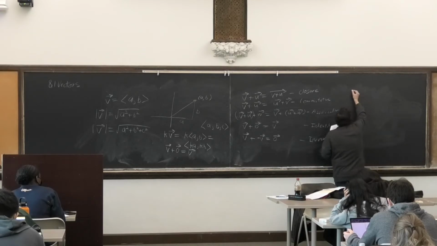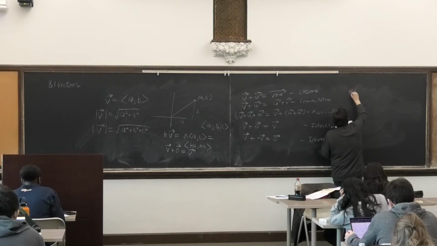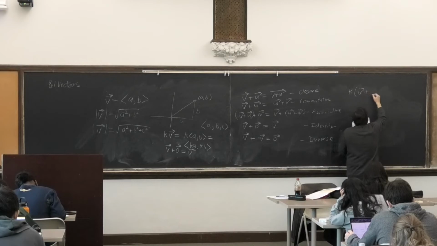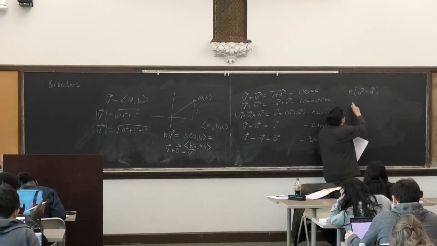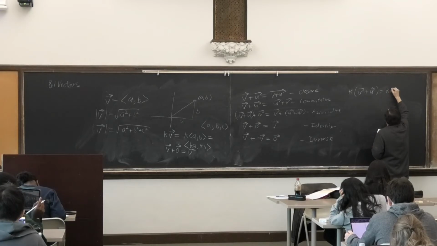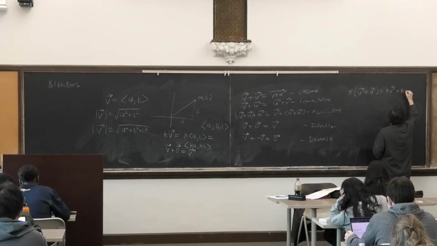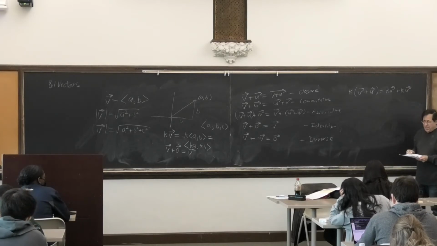We saw that you can multiply a vector by a scalar. I guess we're going to use k for a scalar or a number. But with a little work, we can show that we have a distributive property. We can distribute this multiplication over this sum. So this is a distributive property.